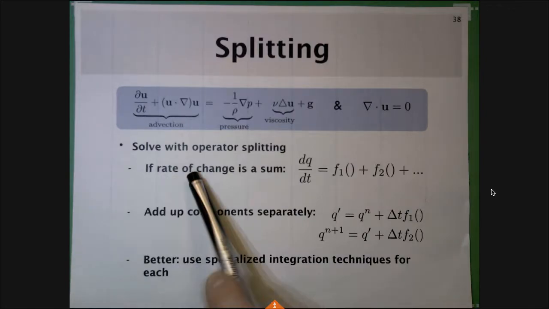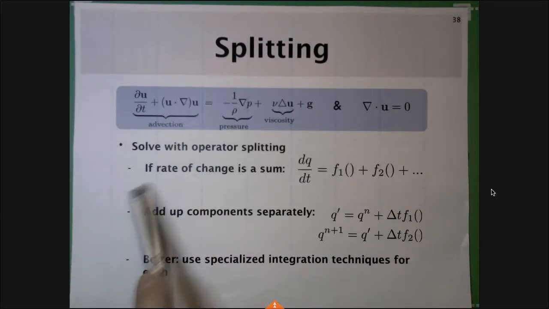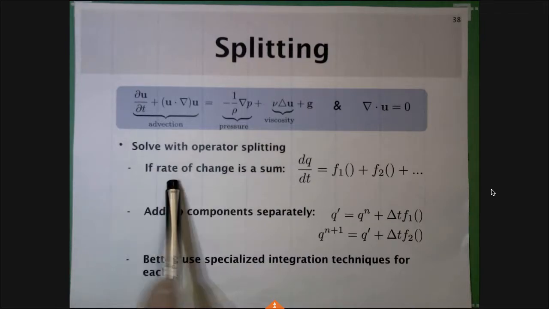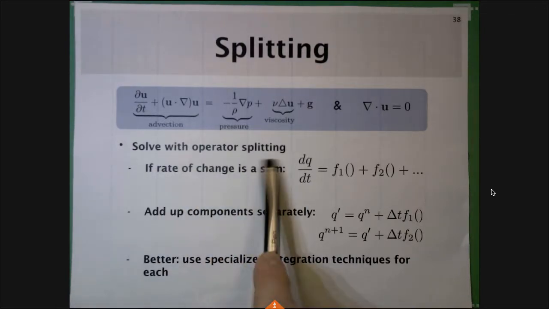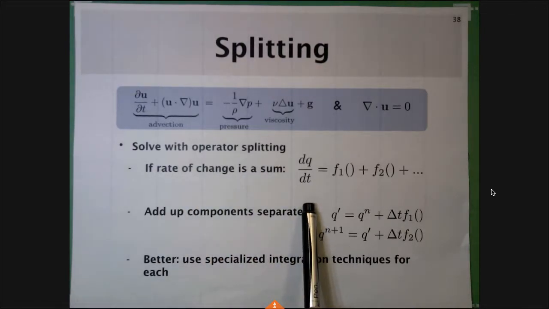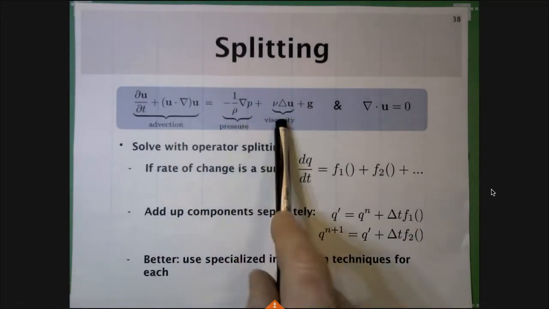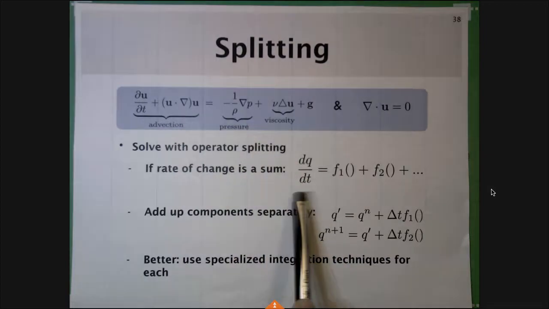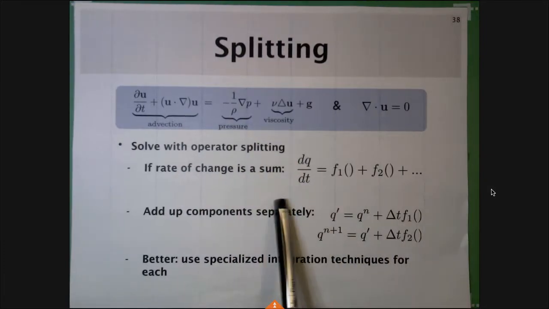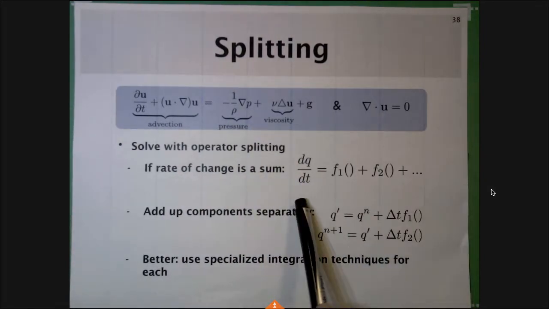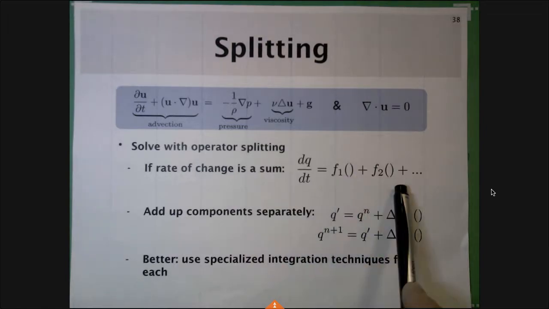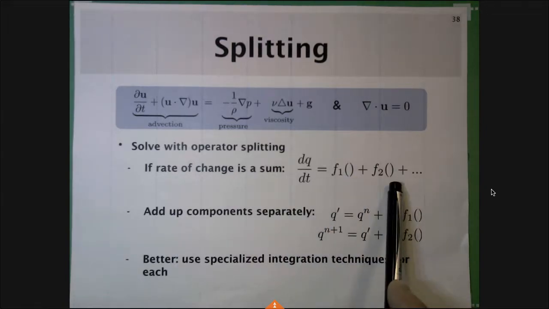Okay. And the way people figured out it's best done for our graphics applications is a trick called operator splitting. It's a super simple idea. Basically, we have multiple components here. In general, you can look at it as an ODE where I have several contributions to the right-hand side. I can just integrate them one at a time.